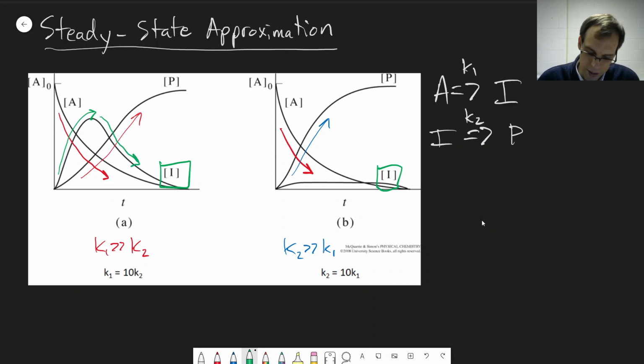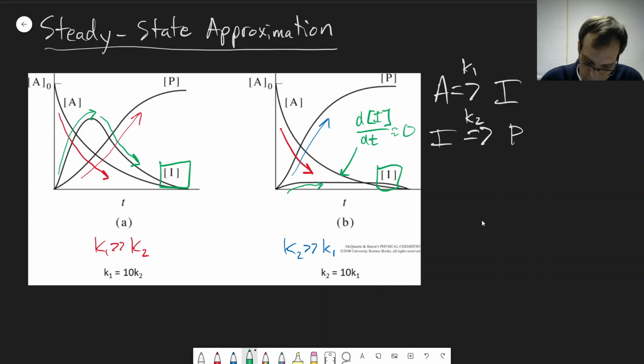On the other hand, in the second example, where the second step is the fast step, the intermediate gets produced, and then as quickly as it's produced, it gets used up. And so it very quickly approaches a very low concentration, but stays about the same. And what we can say here is that the rate of change of this concentration over time is approximately 0.